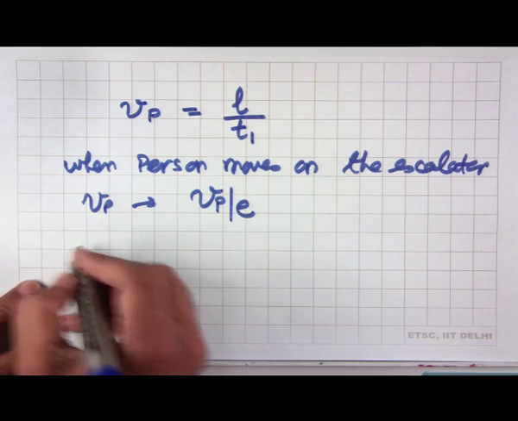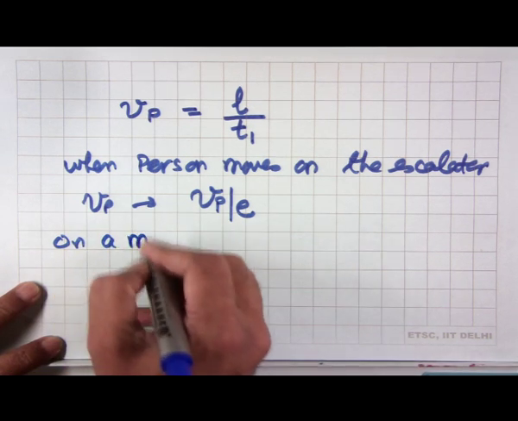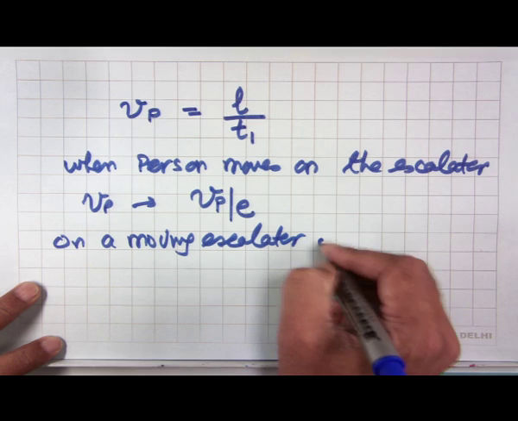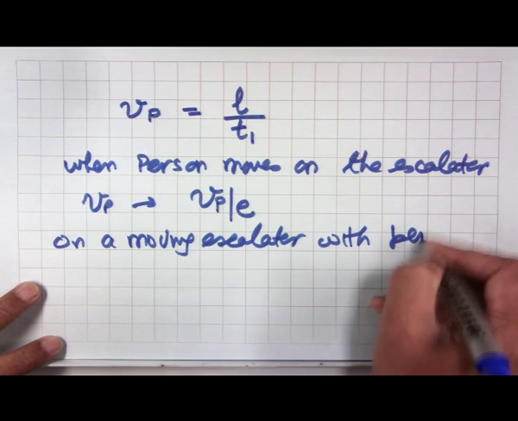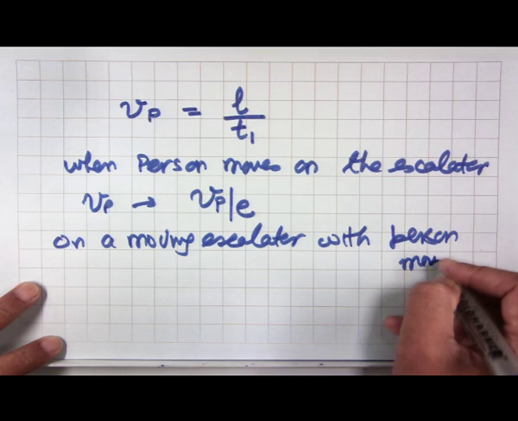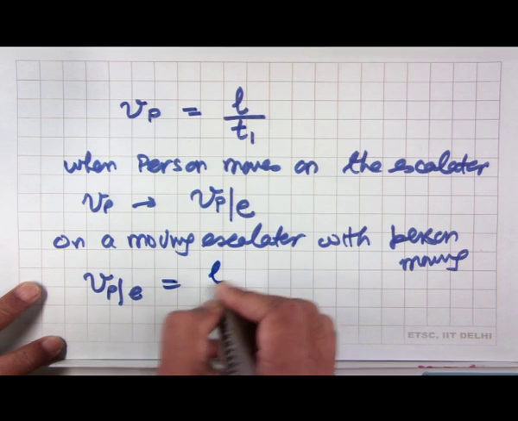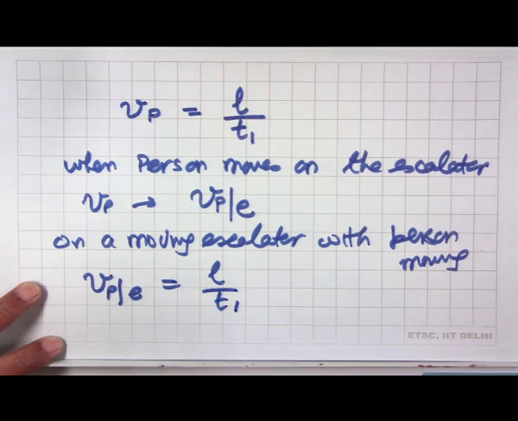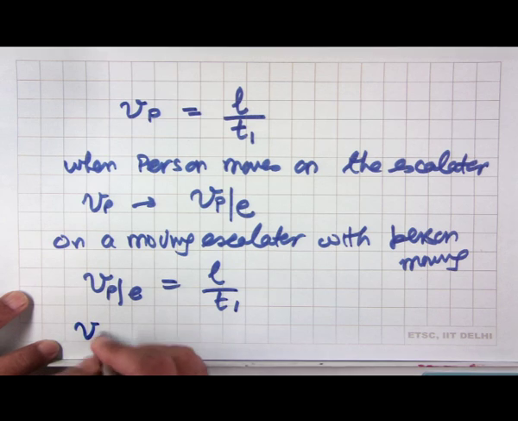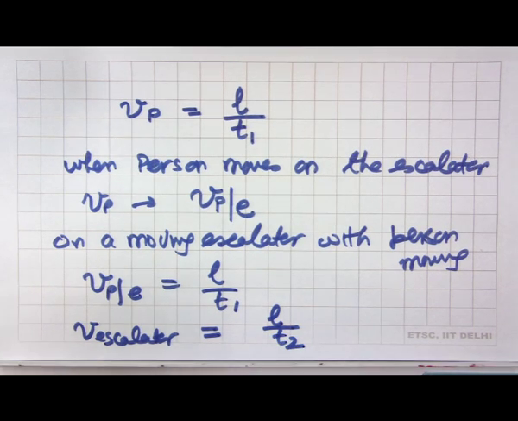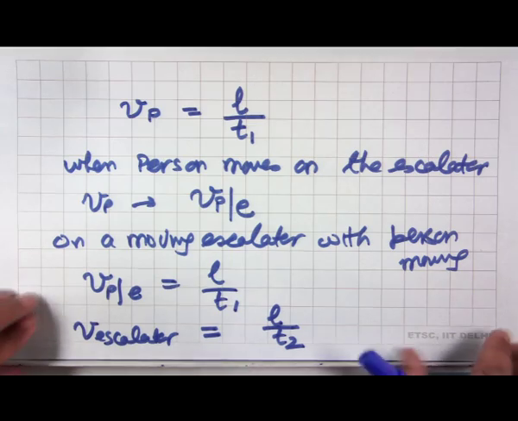And so, on a moving escalator, with the person moving, the velocity of this person with respect to the escalator is equal to L upon T1. And the velocity of the escalator by itself is given as L upon T2, because just the escalator by itself takes a time T2.